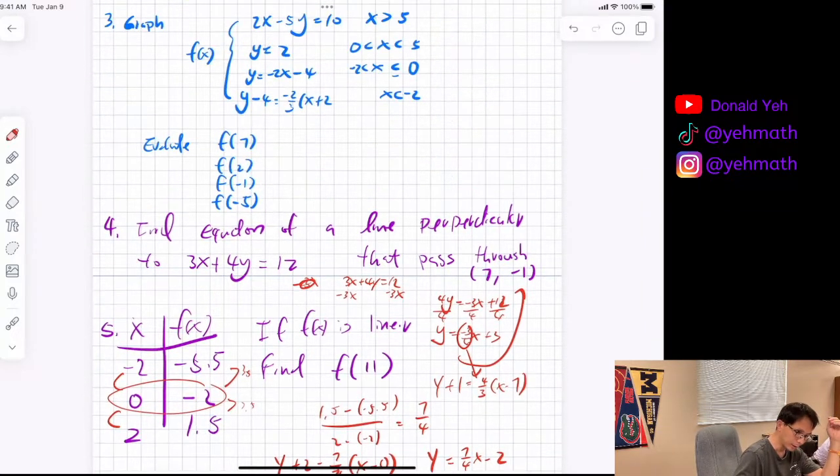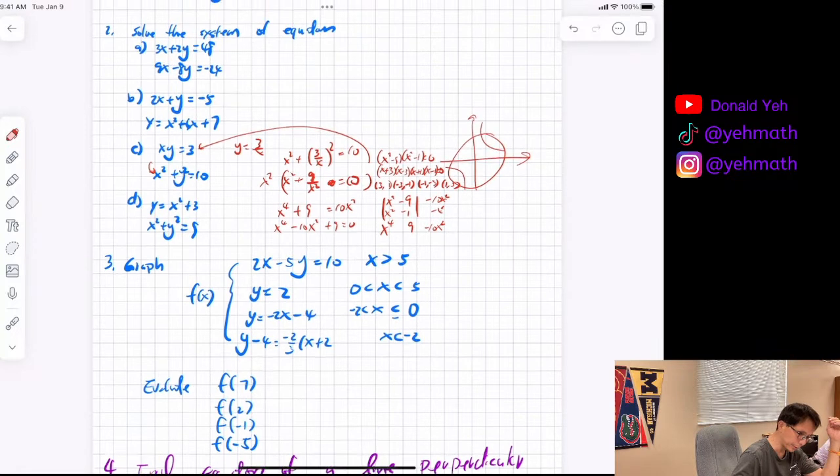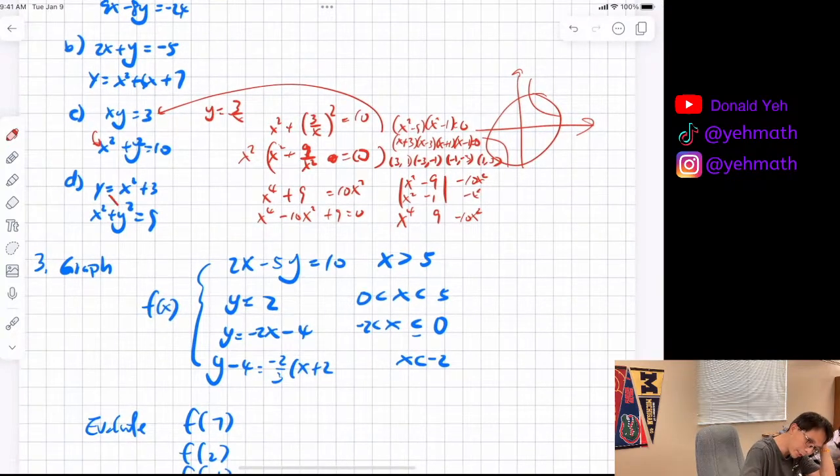2D. Okay, 2D is a circle. Just substitute it in here. So it'll be x squared plus (x squared plus 3) squared equals 9.